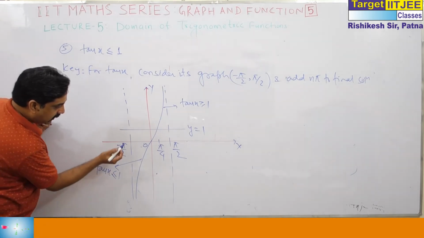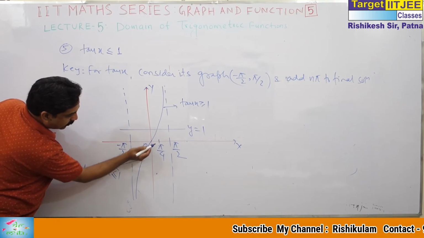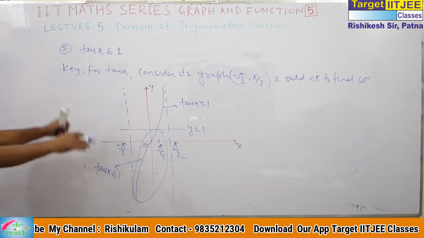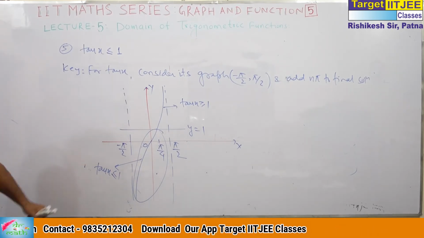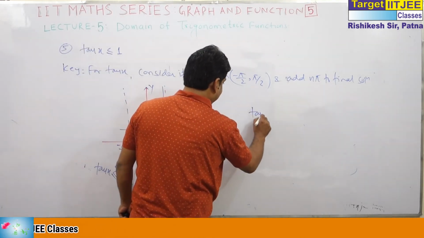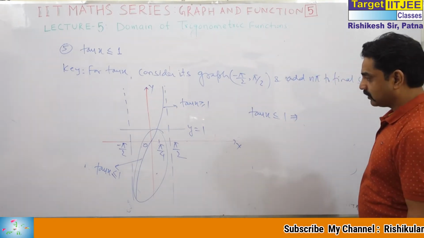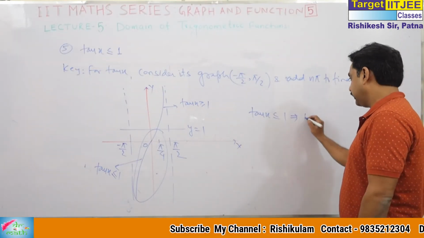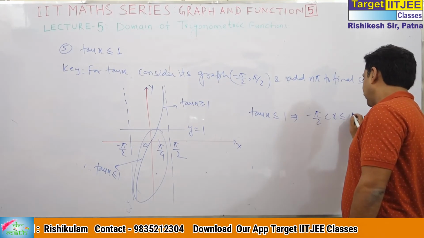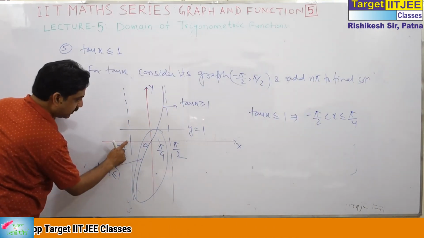So from minus infinity to pi by 4, if you see this portion, the graph lies below the line y is equal to 1. So tan x less than or equal to 1 implies minus pi by 2 to pi by 4.